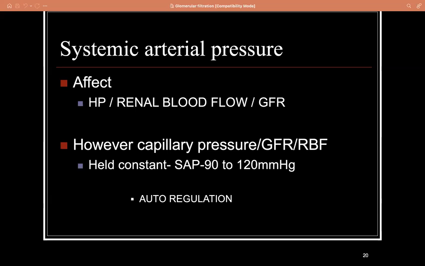Now, what are we saying? If systemic blood pressure goes high, hydrostatic pressure is high, rate of filtration is high, the renal blood flow is very high, the GFR will also be very high. So instead of producing 2,000 mils per day, you'll find you're producing 8 liters of urine a day.